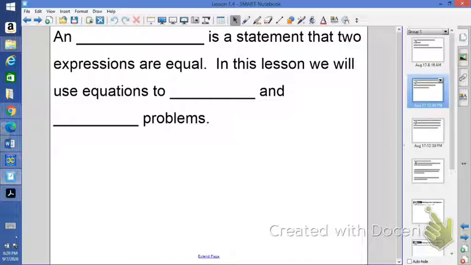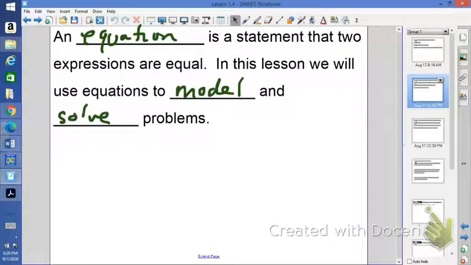Alright, an equation is a statement that two expressions are equal. In this lesson, we will use equations to model and solve problems.